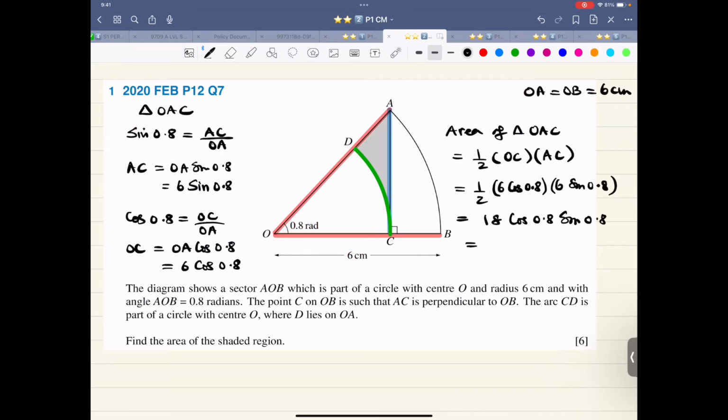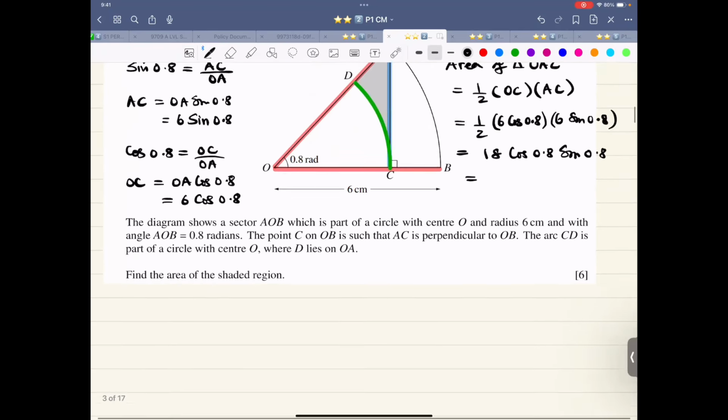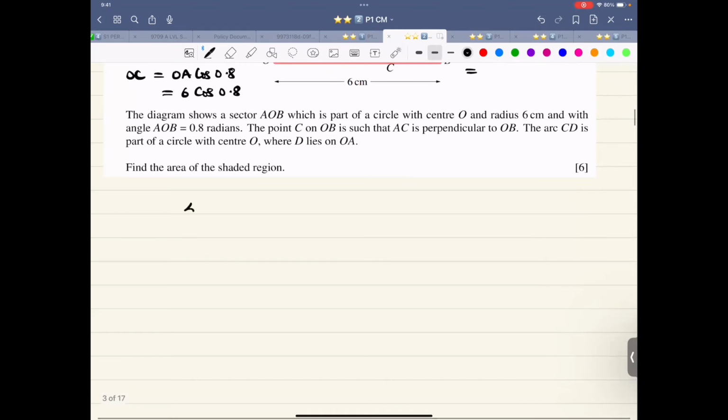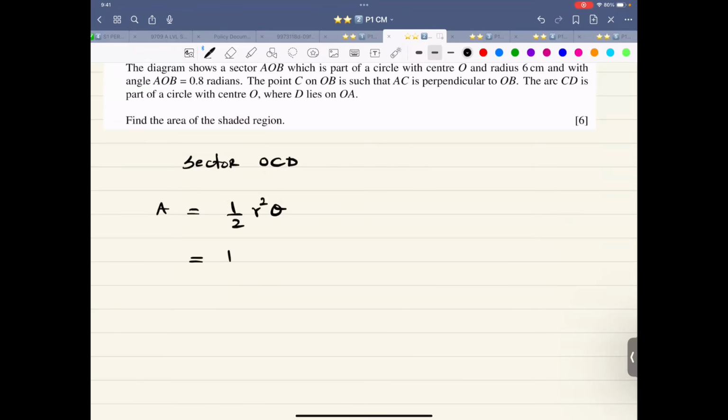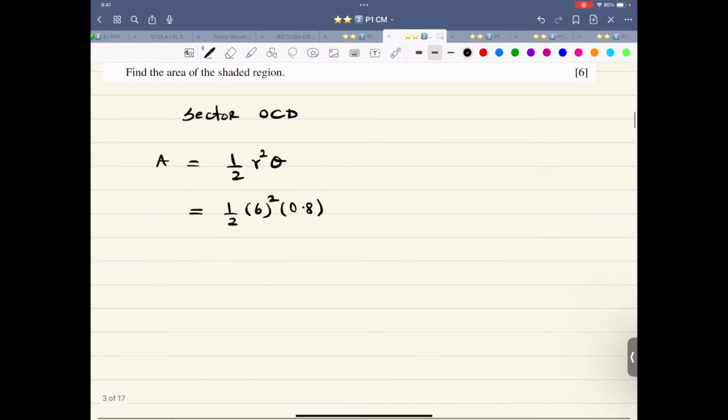That is one thing. The next thing, the area of the sector. The name of the sector is sector OCD. Its area is half r squared theta. R is 6, so this is half into 6 squared into theta, which is 0.8.